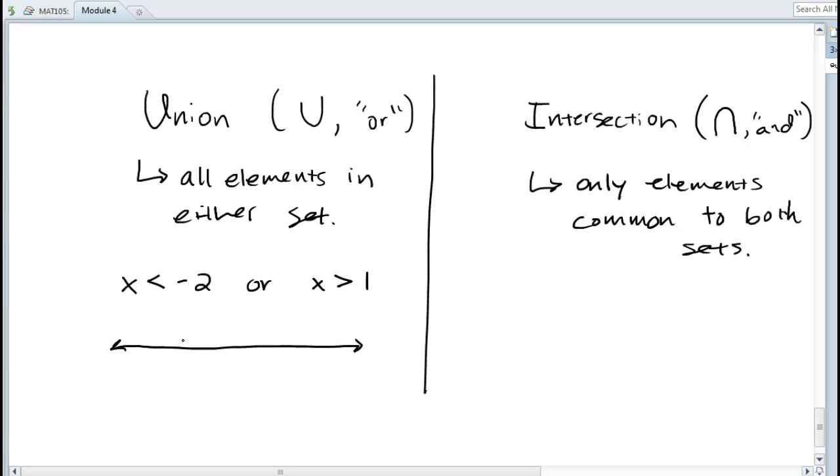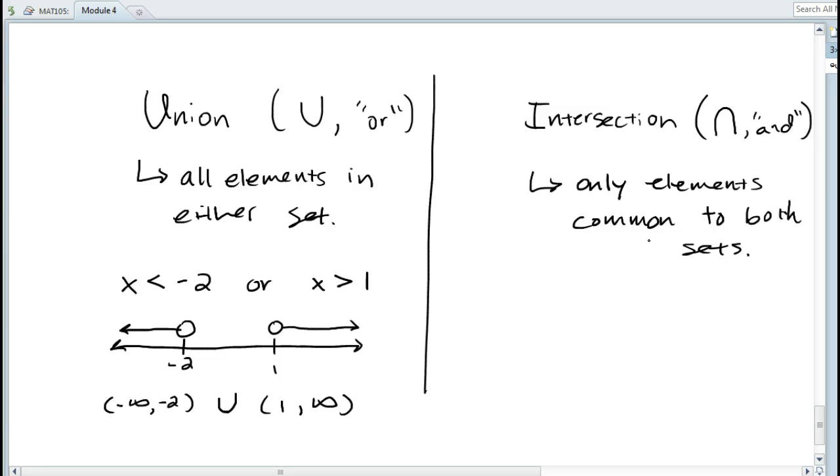We'd have -2, open dot to the left, and +1, open dot to the right. Then we'd do each interval: negative infinity up to -2, and 1 up to positive infinity, and we'd join them with a U. The OR means we want all the elements in either set, the one going left and the one going right.